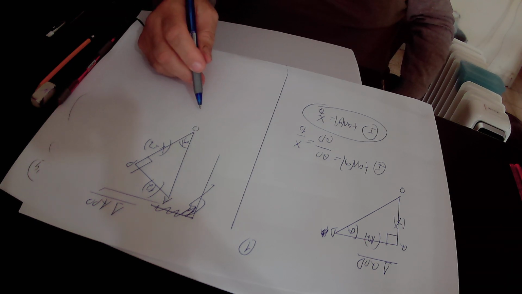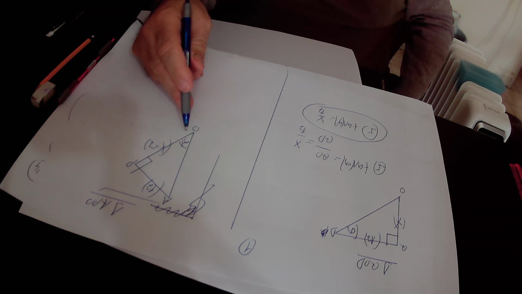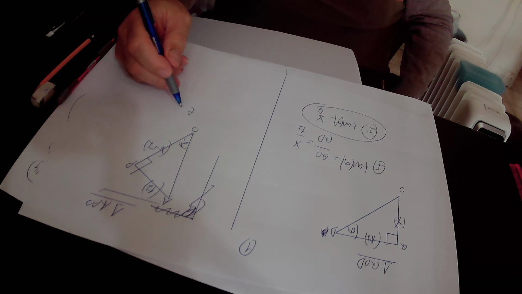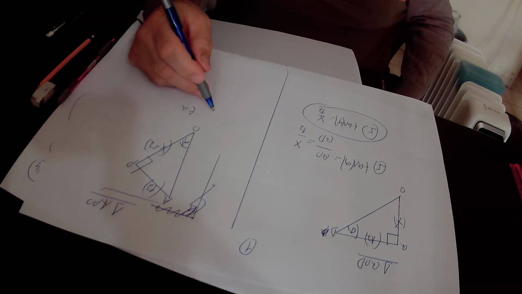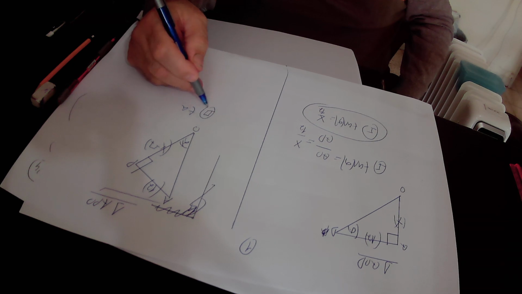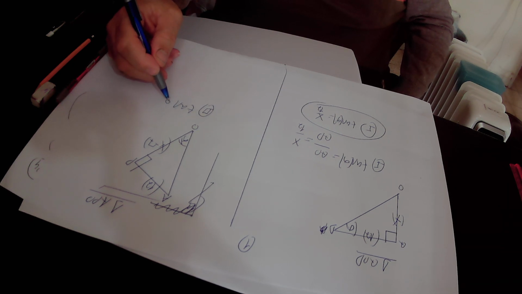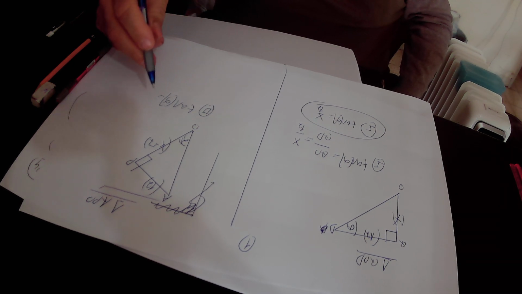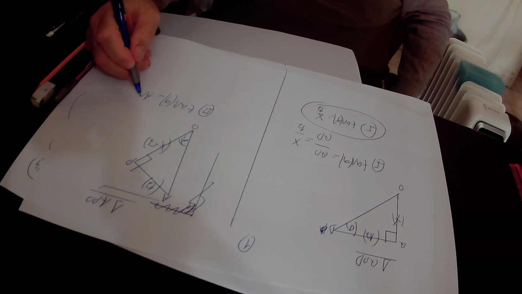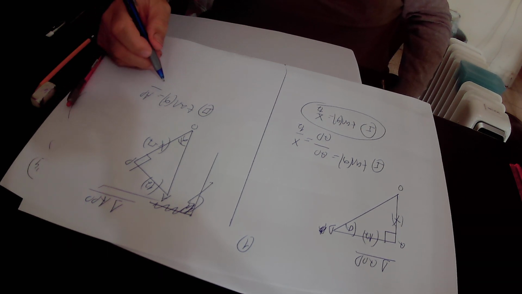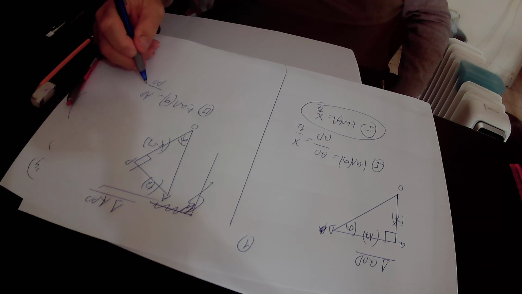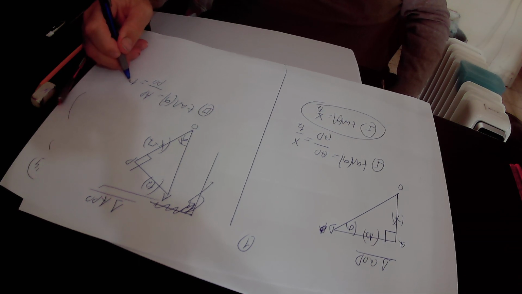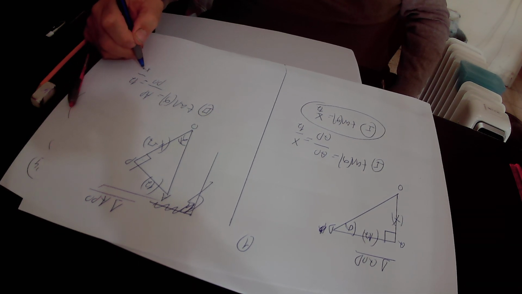In this right triangle, this angle equals alpha. Therefore, this will be equation number 2. Tangent alpha in the right triangle APO will be equal to AP over PO. AP equals 12 and PO equals X plus 7.